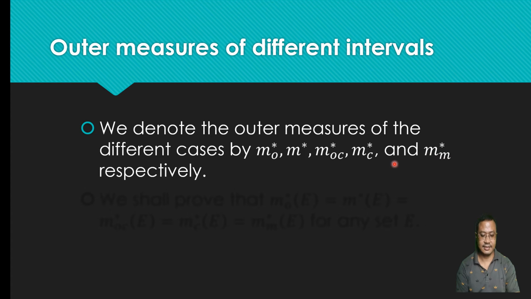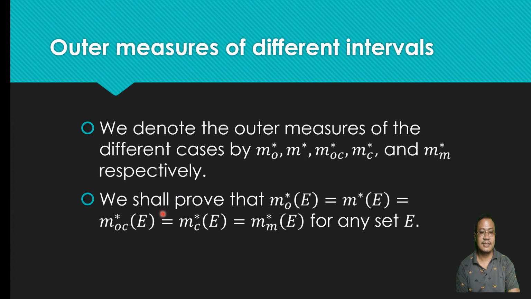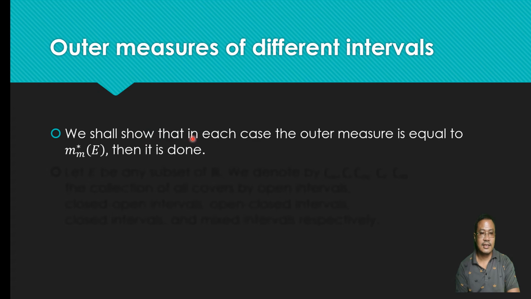So we shall prove that the outer measure m star E generated by open intervals is exactly equal to the original outer measure, exactly equal to the one generated by open-closed intervals, the one generated by closed intervals, and the one generated by mixed intervals, consisting of open, closed, half closed, half open, all sorts of intervals allowed in this mixed set. So we shall show that in this case the outer measure is equal to m star M of E.